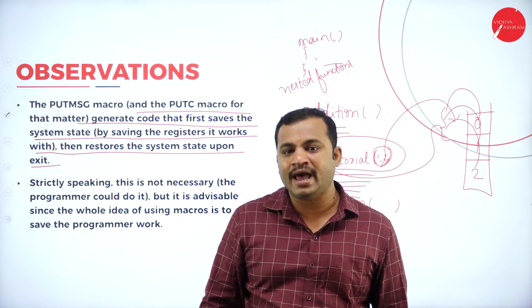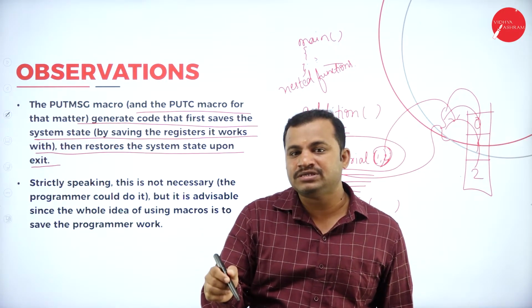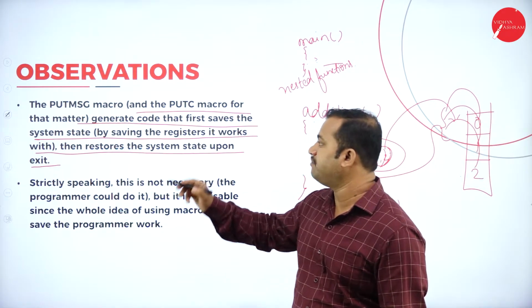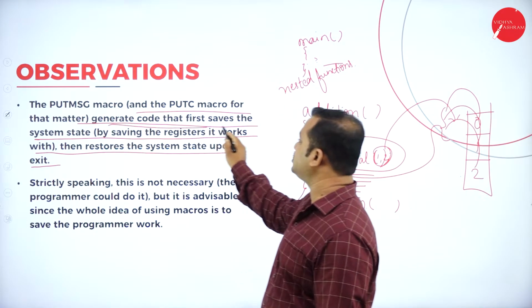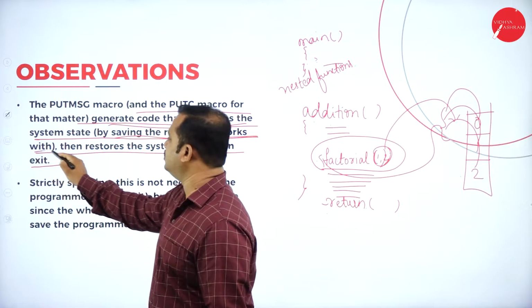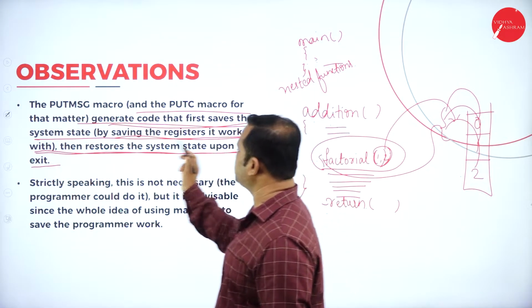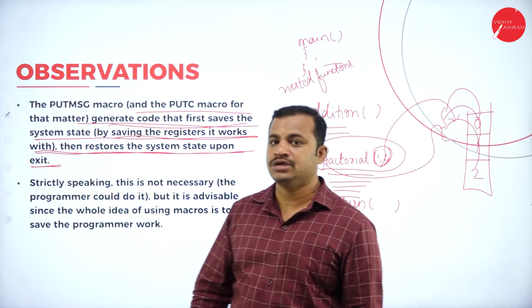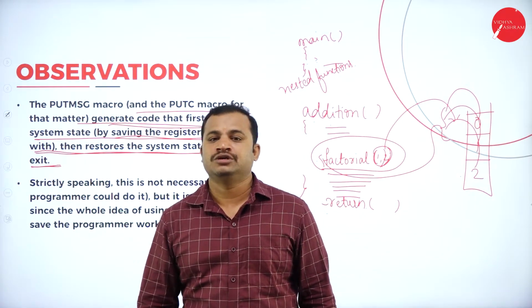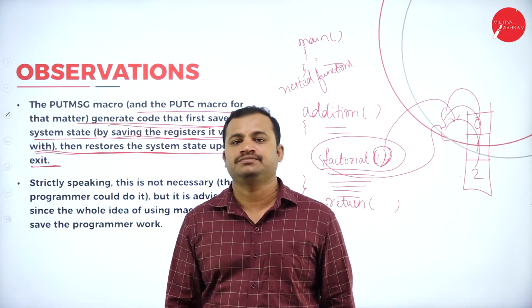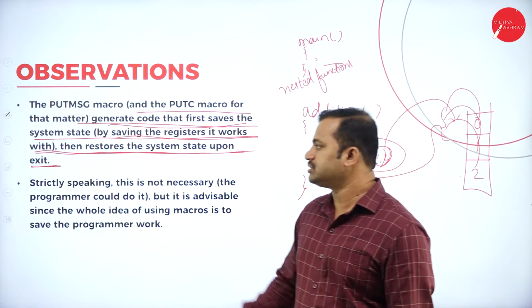So what is happening there? The implicit nested call happens in the same manner, by saving the registers it works with, then it restores the system state upon exit. How? By returning certain values. It unfolds the values which are returned from the function definitions. This is how it is going to be done.